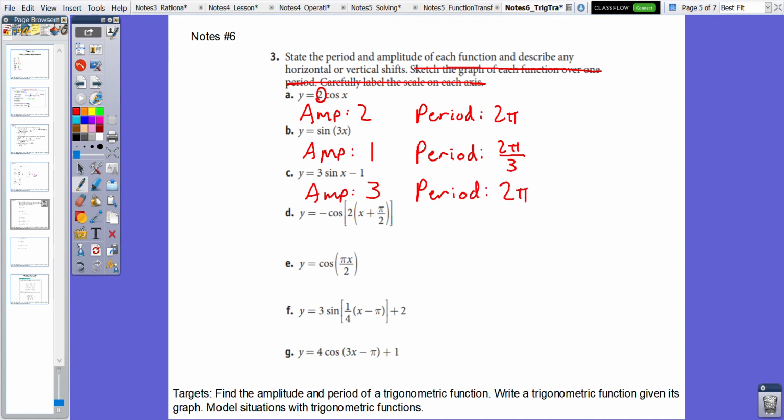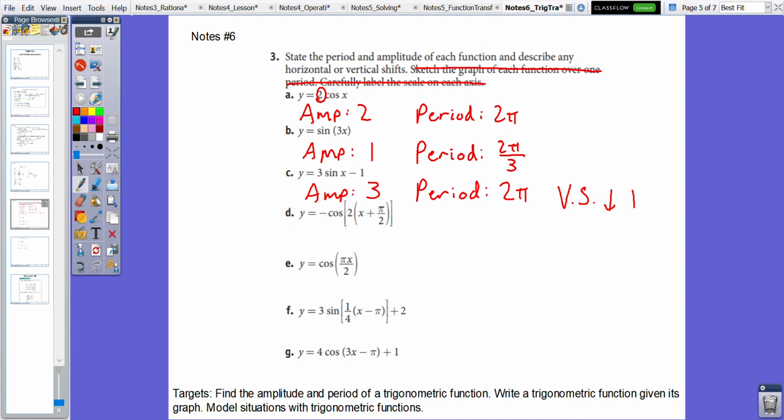Now we have something different here. We have a minus 1 here. And because that minus 1 is not inside the parentheses with the x, that's what we call a vertical shift. So my vertical shift is going to be, I'm sorry, not up 1, minus 1. It's going to be down 1. So I should change the direction on my arrow here. So down 1.